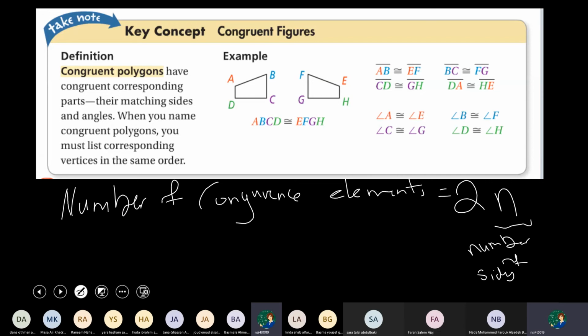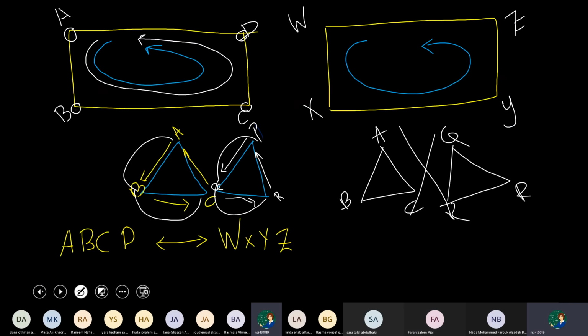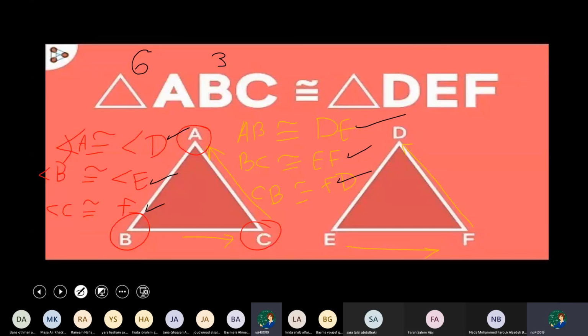That means I'm talking about a quadrilateral that has 4 sides. So how many elements did I write? 2 times 4, which is 8. Go back here now. For this triangle, how many sides does the triangle have? 3. So how many elements did I write? 6. Thank you.